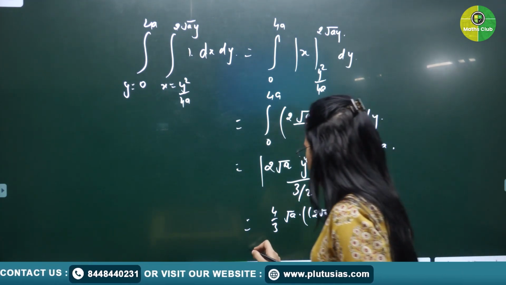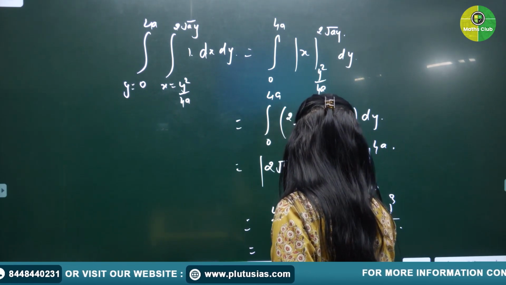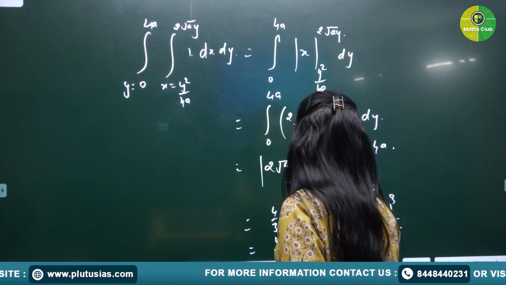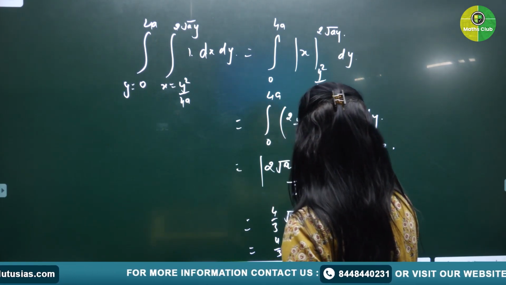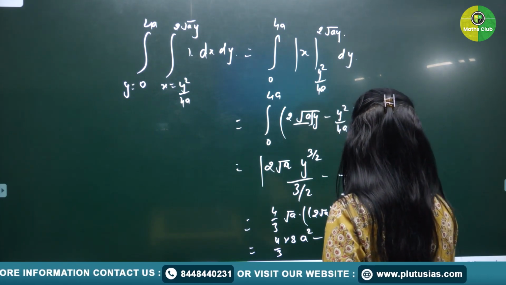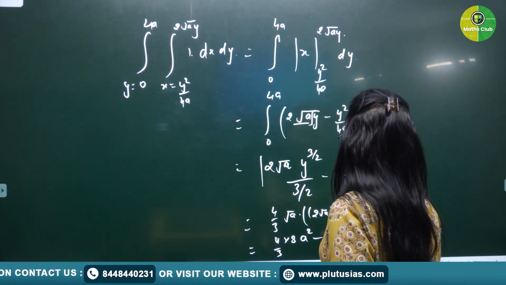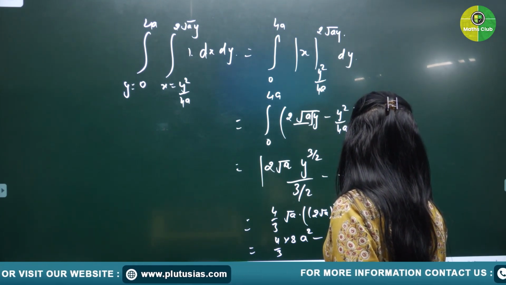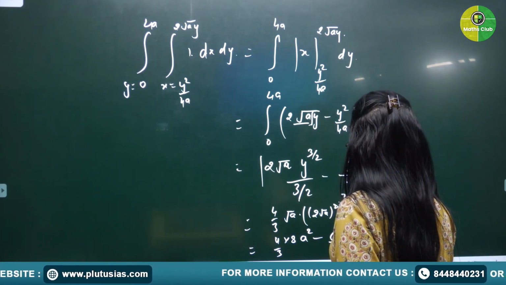So this becomes 4 by 3 and we have 2 would be cancelled out. So 2 raised to power 3, that is 8, and then we have 3 by 2 and half outside. So this becomes a square minus, from here we get 4, that is 64 by 12, and upper side we have a cubed by a, so a square.